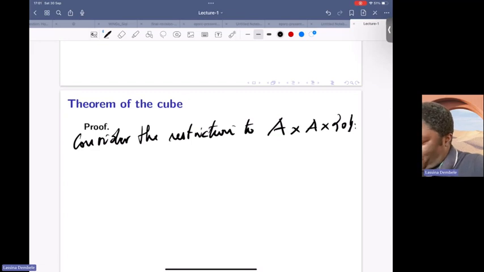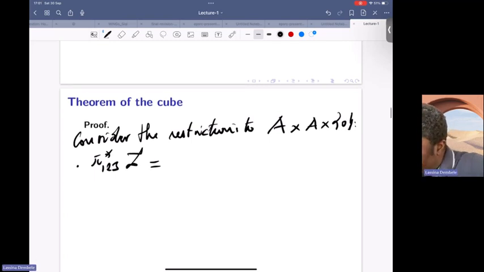Then what do we get? If you take the pullback of your line bundle by the sum of the three projections, then this would simply be the pullback of your line bundle by the sum of the first two projections.